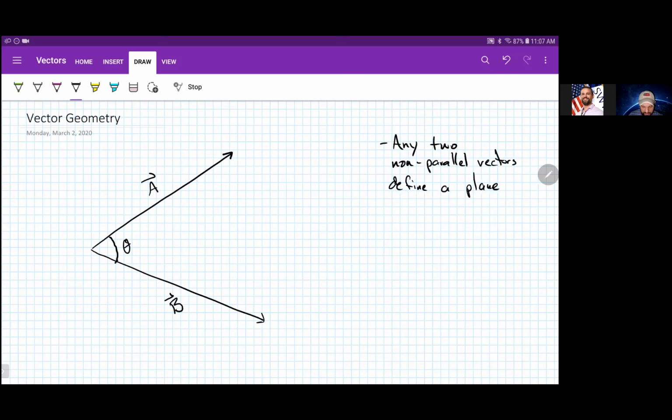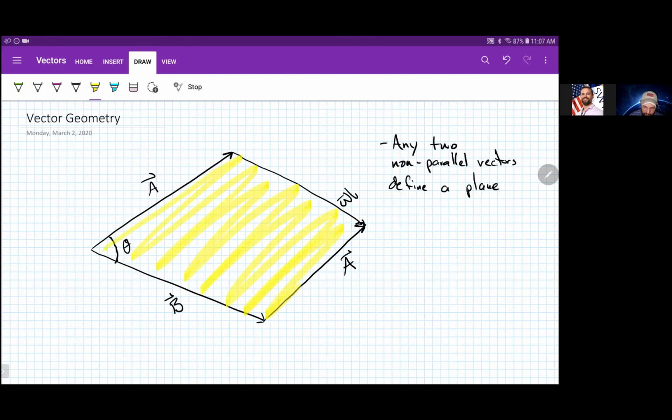If I extend B, let me try to do some perpendicular here. So that's B again, and then I've got A. It's not going to be perfect, I apologize, but I'm doing the best I can. Okay, so that's A and B. Kind of not perfect again. This area here is the AB plane.